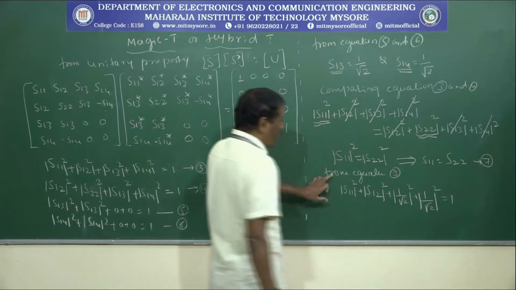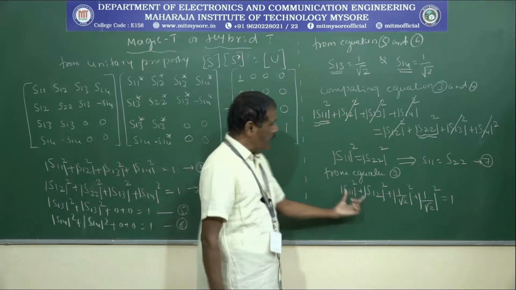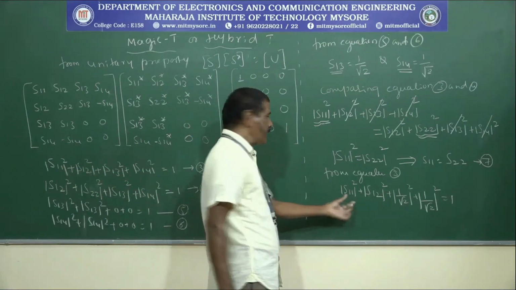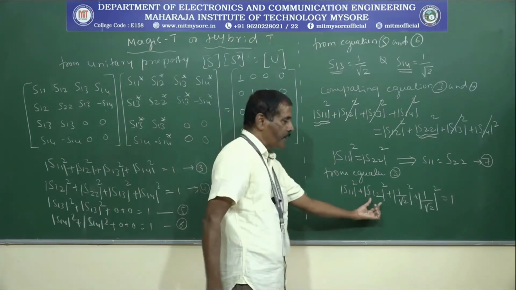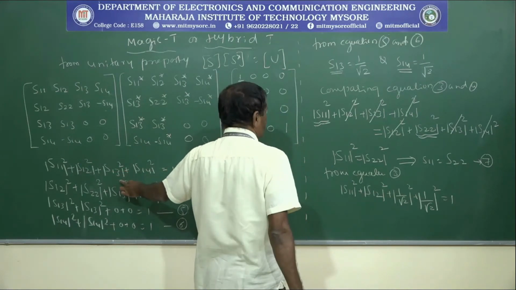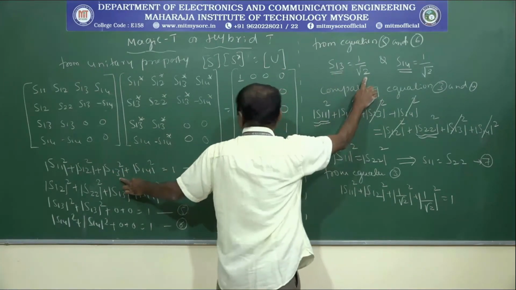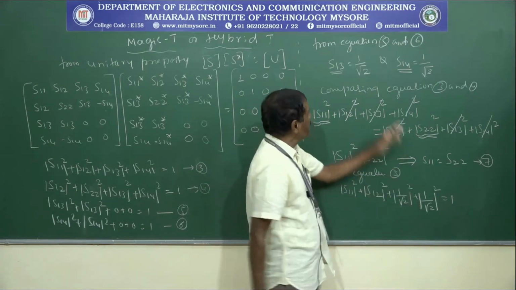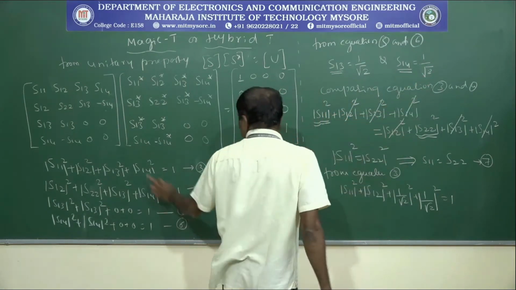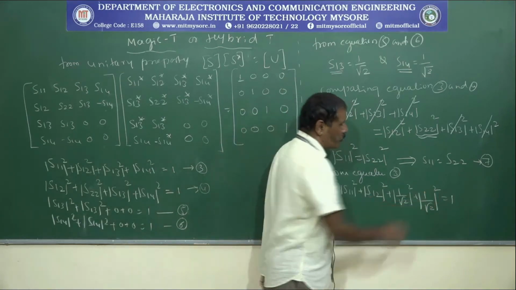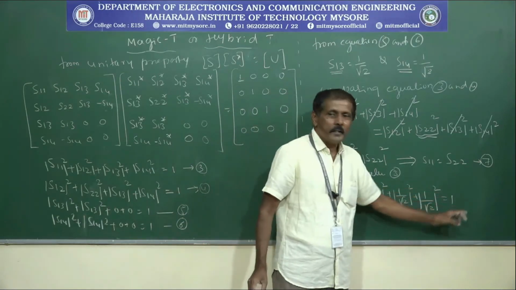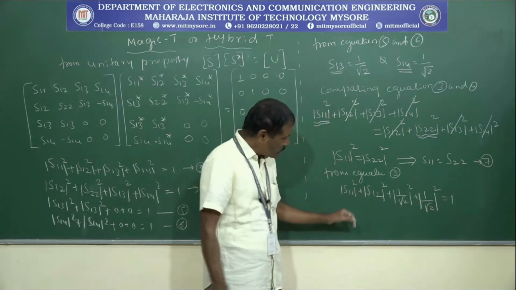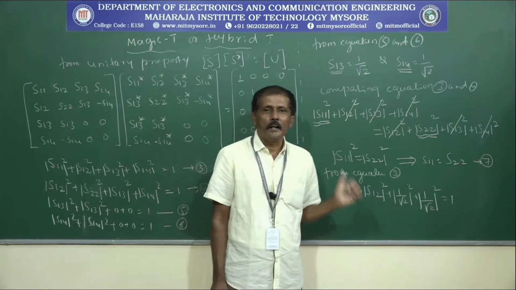We write the first and second terms as they are, whereas the S13 value is 1 by root 2, squared, and the S14 value is 1 by root 2, squared, equal to 1. Once you write this, you will simplify it to get the other values.